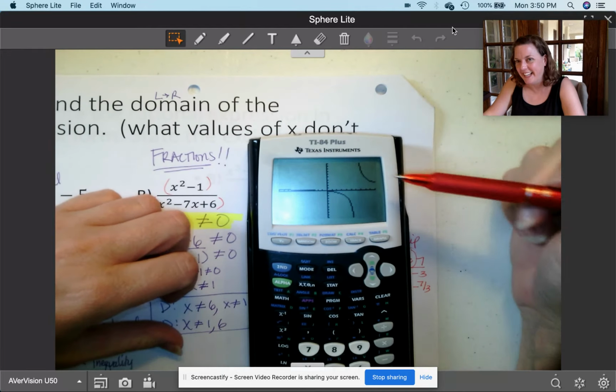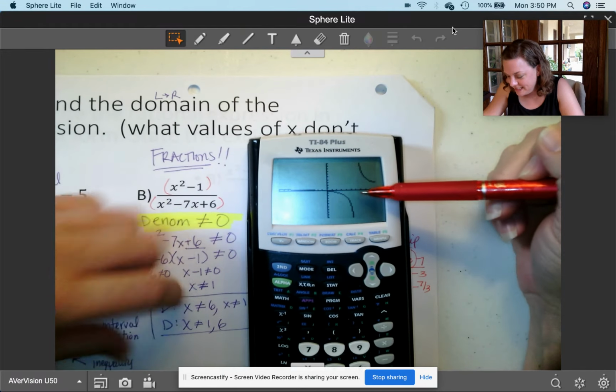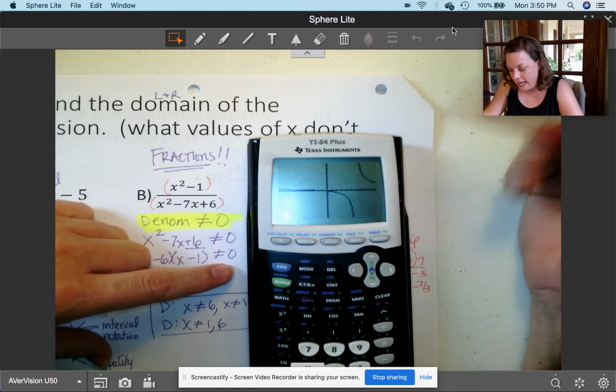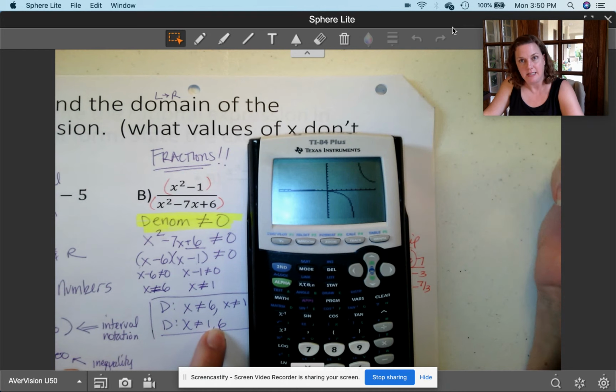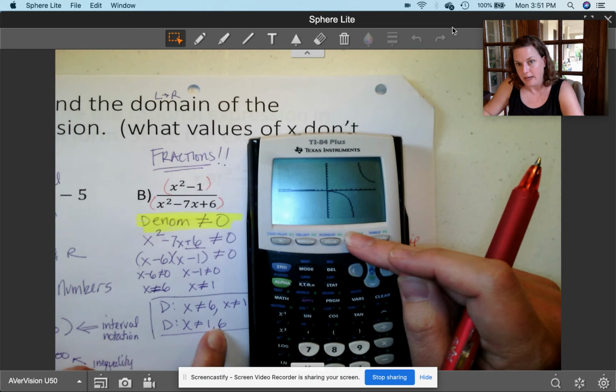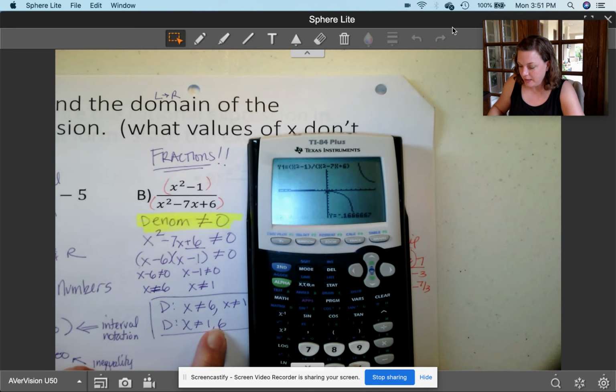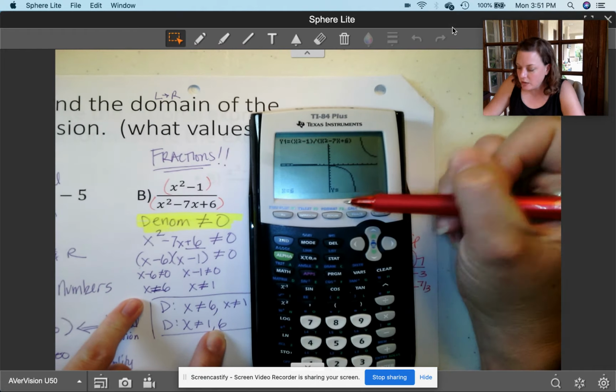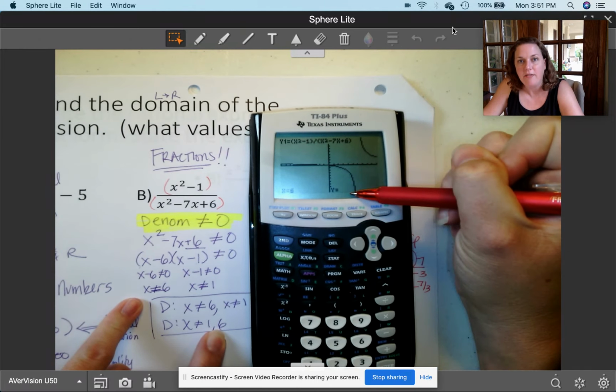Okay. So what happens here is what's called a vertical asymptote. And the nice thing is you can actually test this. So 6 is where it's happening. If you hit trace and then type in 6, so I'm literally pressing 6 and enter, you'll notice that it gives you an output of nothing.